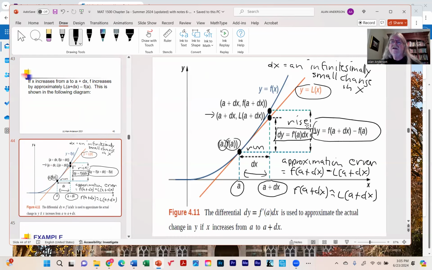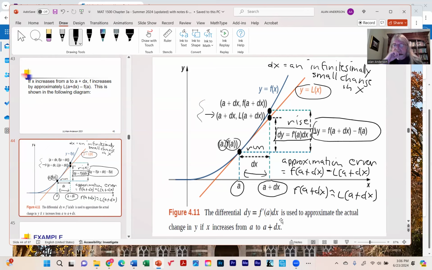Now this diagram, after drawing on it, has gotten a little cluttered, but you can see that the blue curve is the actual function. The orange line is our linear approximation. And you can see that in this case, our linear approximation is a little too low. The difference between these two, you can subtract this one from this one, and what we're able to do is figure out how much the function will increase approximately when a goes from a to a plus delta x.